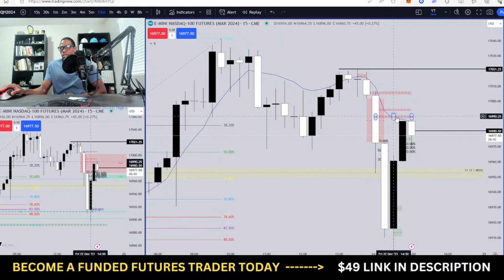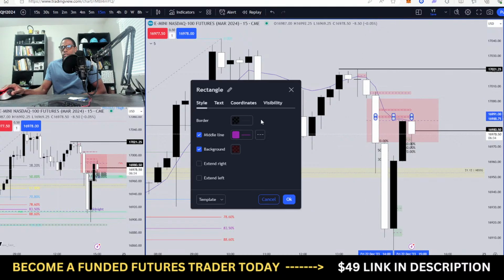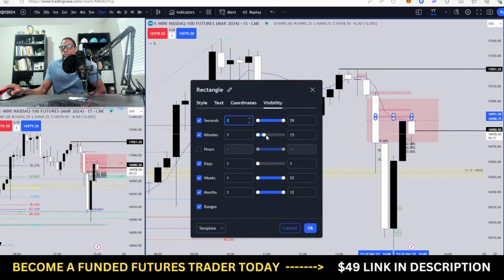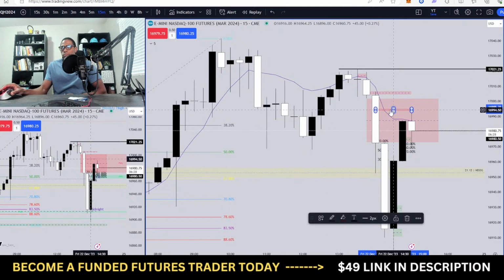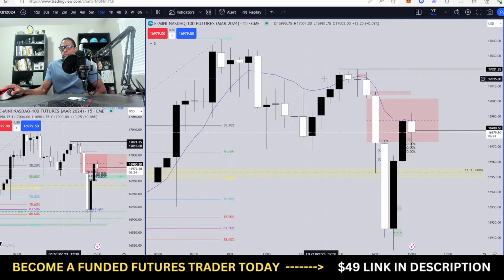I know down on the 1 minute, they had these little smaller ones that kind of built up, but on the 15 minute, it's one large area. All right, let's see that we had a rejection right here at the 50% level.